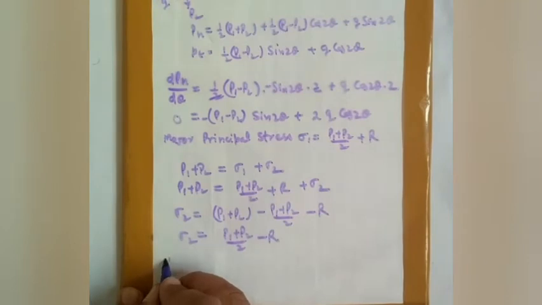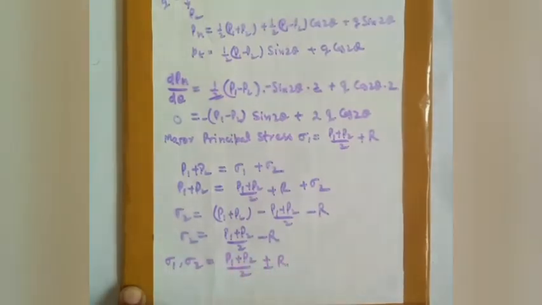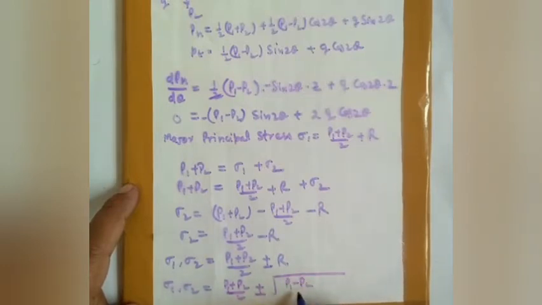So we can write sigma 1, sigma 2 is equal to (P1 plus P2) by 2 plus minus r. Putting the value of r, we also get sigma 1 and sigma 2 is equal to (P1 plus P2) by 2 plus minus root of ((P1 minus P2) by 2) whole square plus q square.